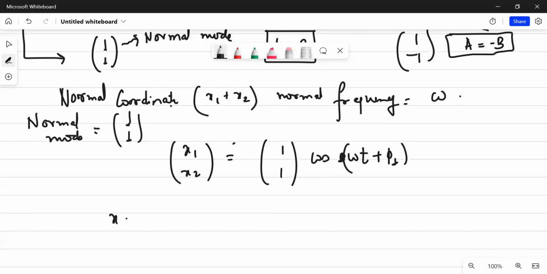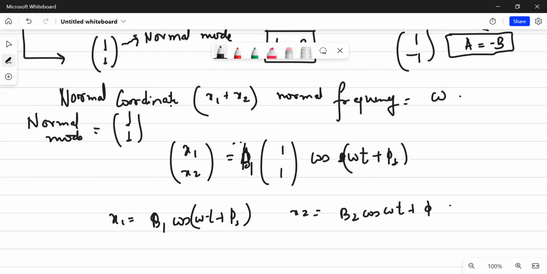For this mode, your x1 is also equal to some constant. यहाँ constant क्या था यार? I think a1 था या b1 था. This was b1 cos omega t plus phi and x2 was also b2 cos omega t plus phi. So what does it mean?